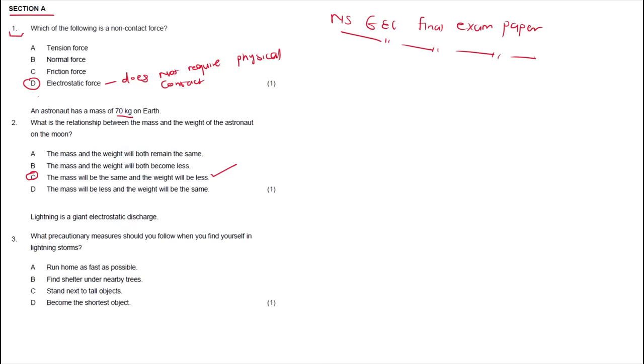Next, we are given a statement which says that lightning is a giant electrostatic discharge. The question asks what precautionary measures you should follow when you find yourself in a lightning storm. We all know that lightning strikes tall objects, so being lower is safer.